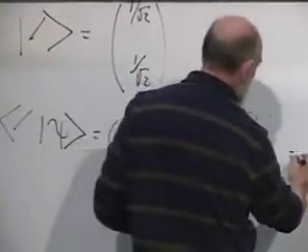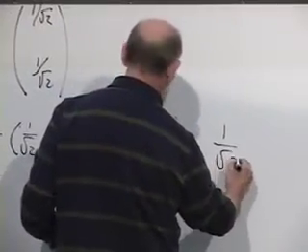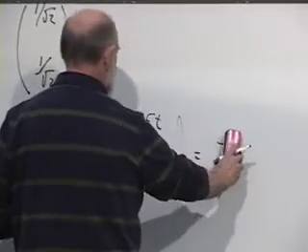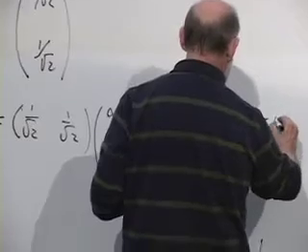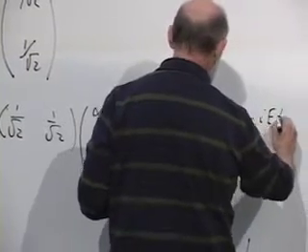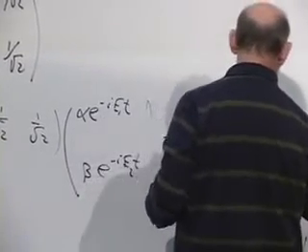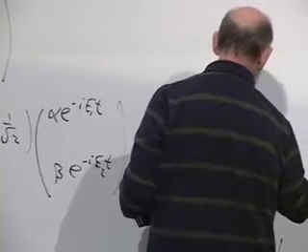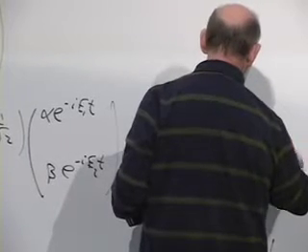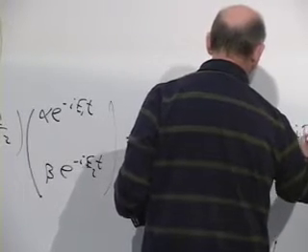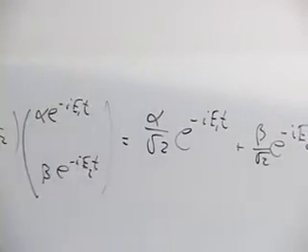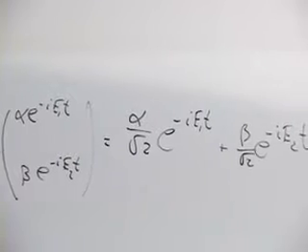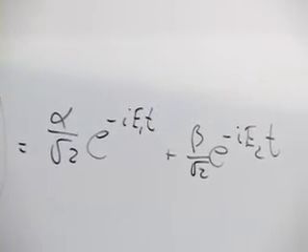It's just equal to 1 over square root of 2 alpha e to the minus i E1 t plus beta over square root of 2 e to the minus i E2 t. That's the amplitude.